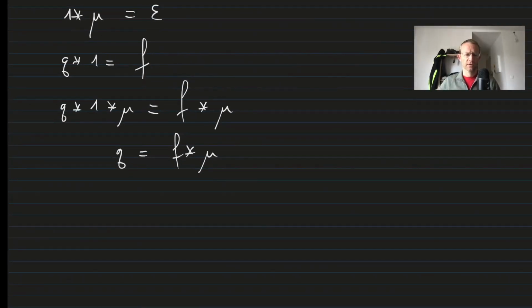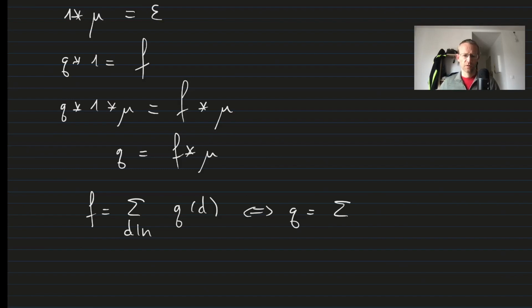So let's write this out. So if f is equal to the sum over divisors d of n of g of d, then we have that g is equal to the sum over the divisors d of n of mu, the Möbius function of d, times f of n over d.